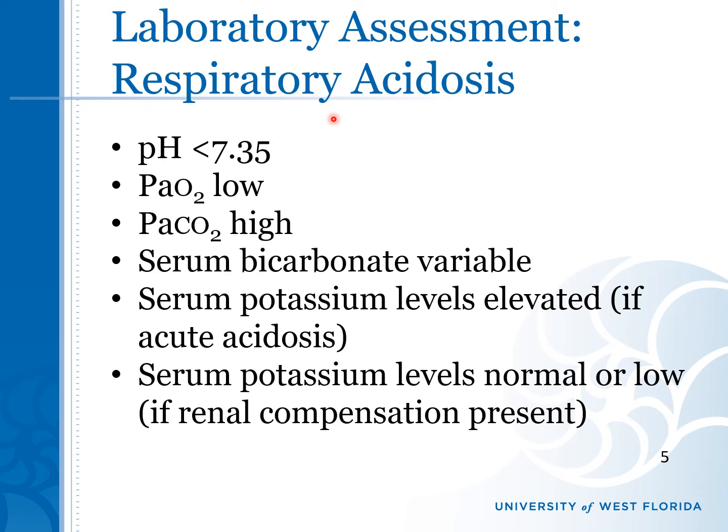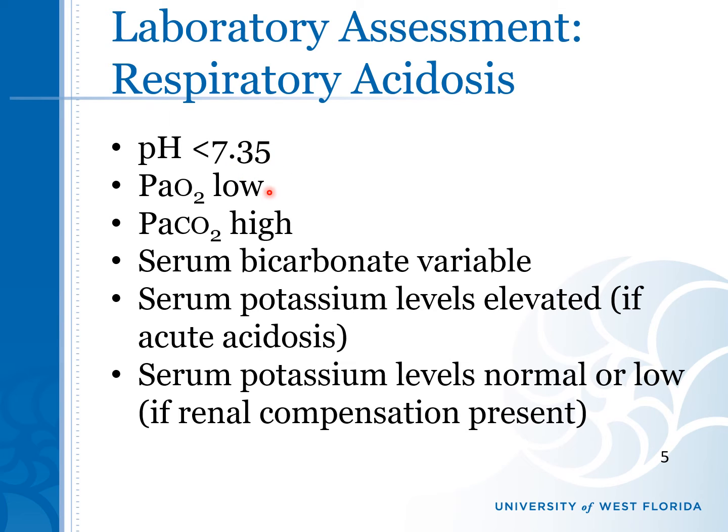What is our blood gas going to look like? How am I going to know if this person has respiratory acidosis? Besides kind of understanding the person's situation, such as they had a hip fracture and I just loaded them up with a whole bunch of morphine, besides kind of looking at that data, you can grab the blood gas and you're going to see that their pH is low. Just like metabolic acidosis, it's going to be less than 7.35.